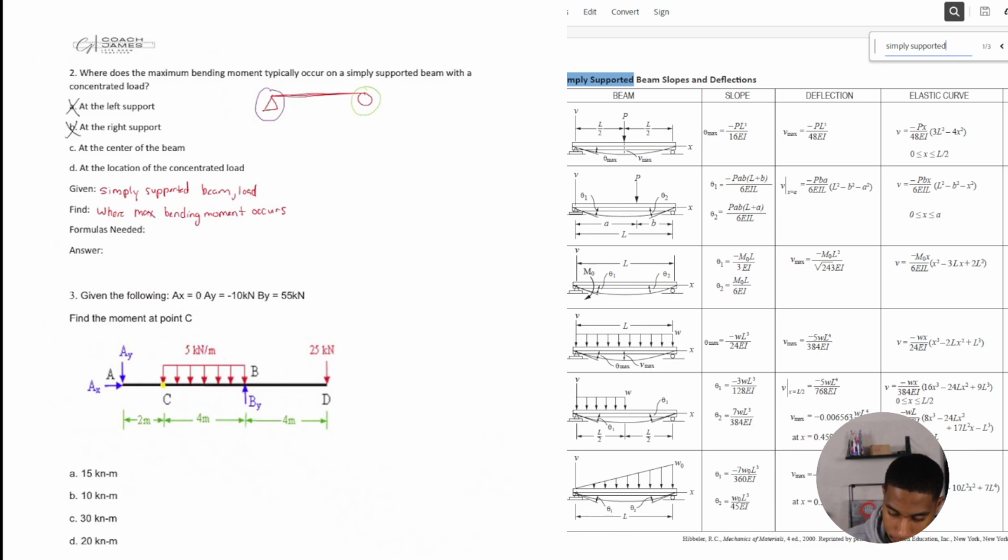At the center of the beam, well, if the concentrated load is at the center, like this, then yes, that's where our max happens, right? But they don't give us where this load is. It could be at the center if that's where the load is.